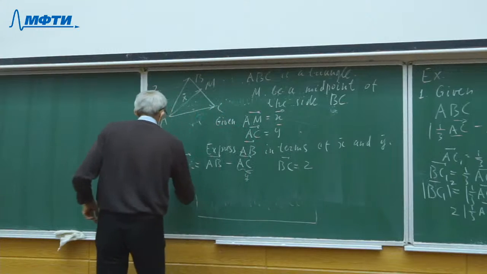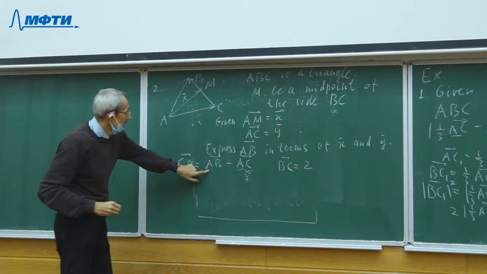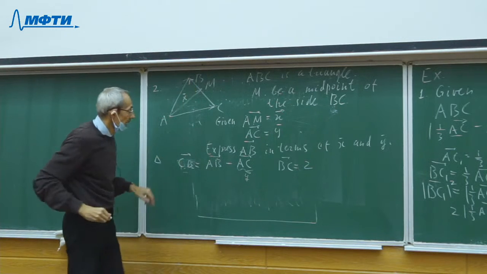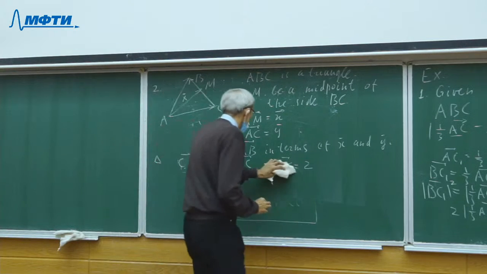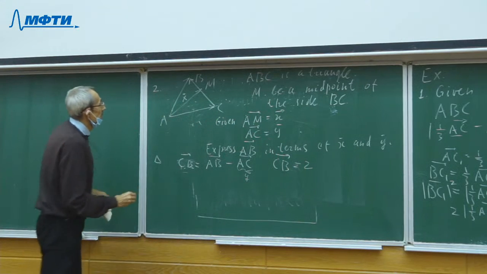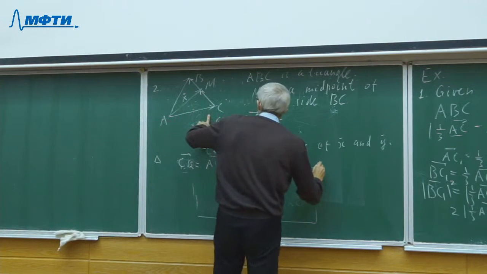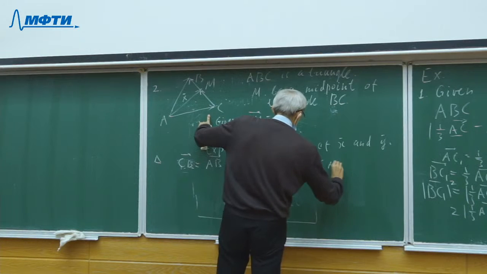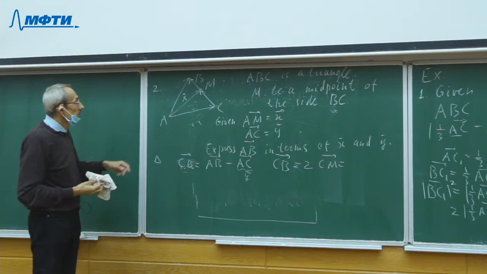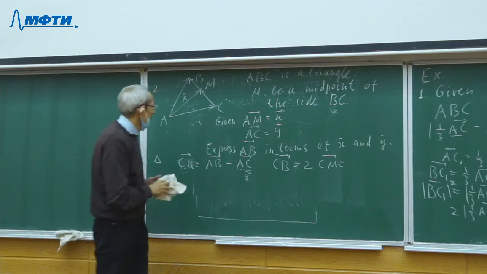Oh, I'm sorry, CB is equal to twice vector CM, and vector CM can be expressed in terms of vectors AC and AM.